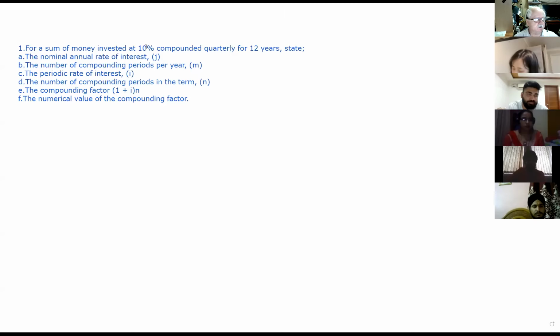We don't know how much money, but we know that it's invested at 10%. And so the nominal annual rate of interest, J, so part A here, J equals either 10% or 0.1.